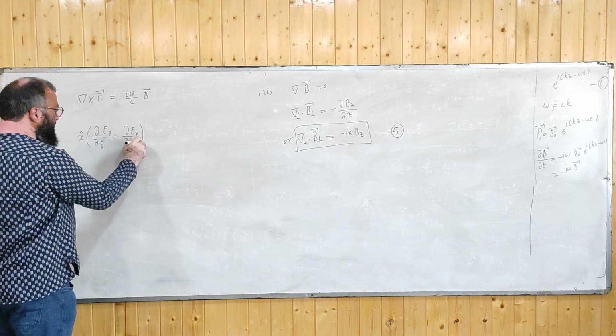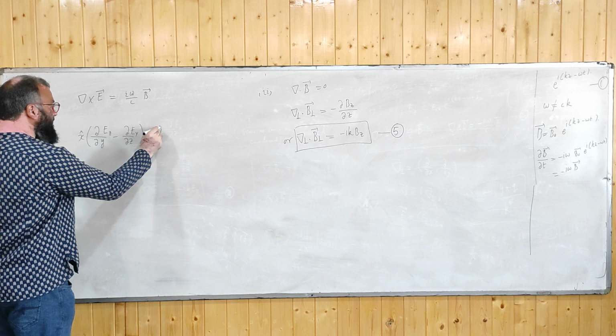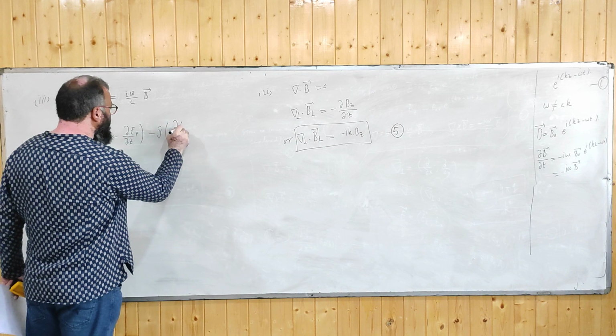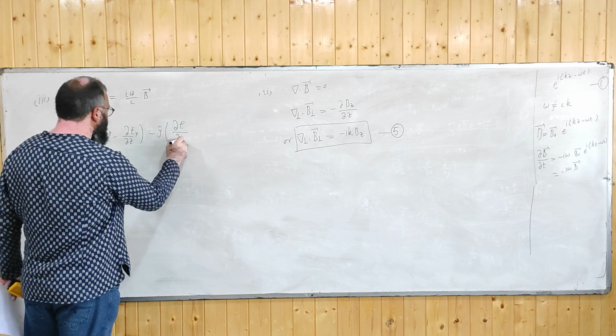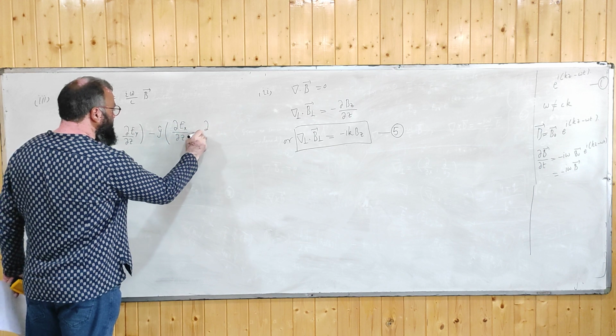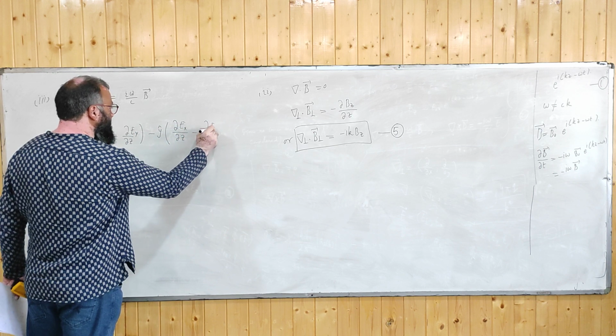So this is the x component minus the y component, then partial by partial z E x minus partial by partial x E z.